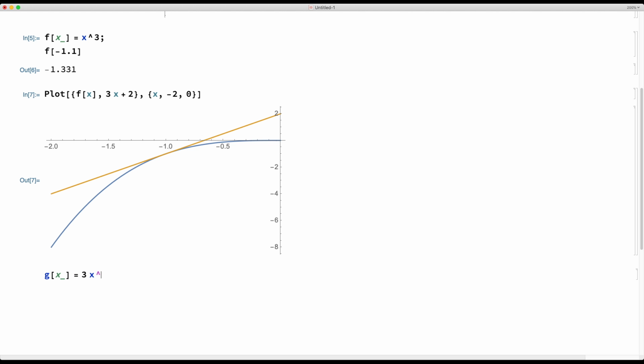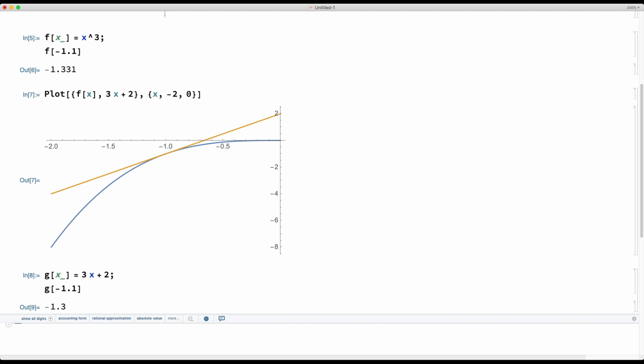It was 3x plus 2. That was the thing I got after I did the tangent line and made it into a function. If I plug negative 1.1 into that, what do I get? Well, that's pretty close to the correct answer, which was negative 1.331.